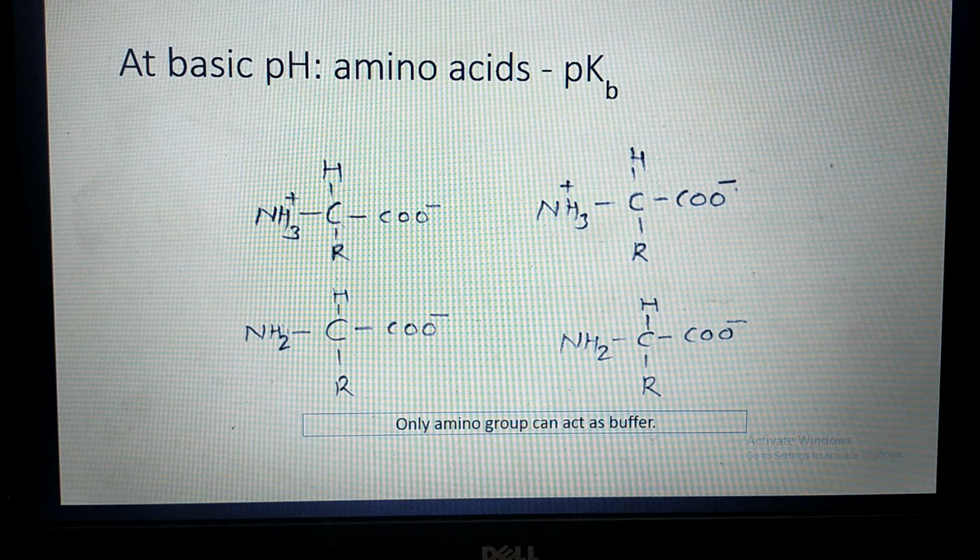Therefore, in the basic range of pH, again we have to adjust the pH in such a way that half of the amino groups are ionized and half of the amino groups are unionized. The pH at which this exists is called pKb.